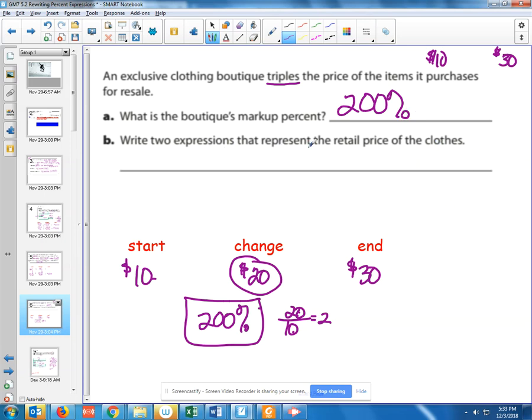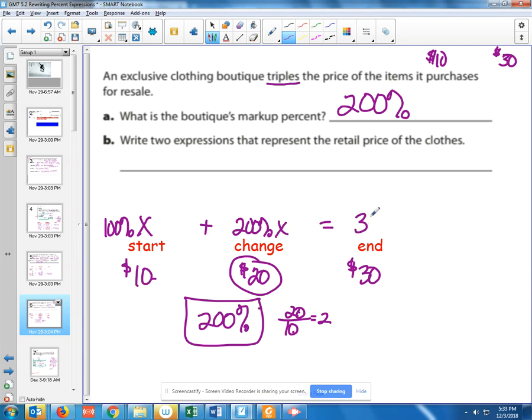Okay, write 2 expressions that represent the retail price. Well, I started here. We have to pick a variable. So if I call this like X, that's my starting amount. I'm going to add on there 200% of X. So here's my 100% X. I'm going to mark it up 200%.